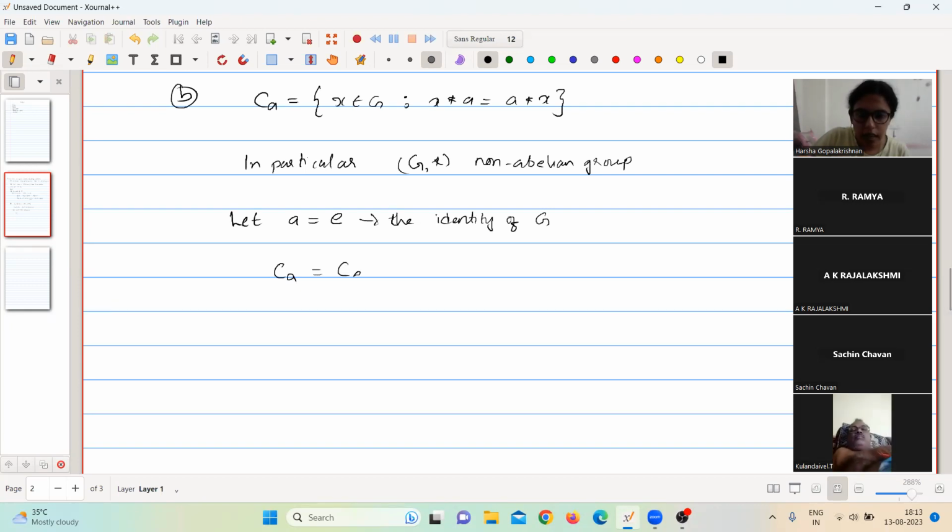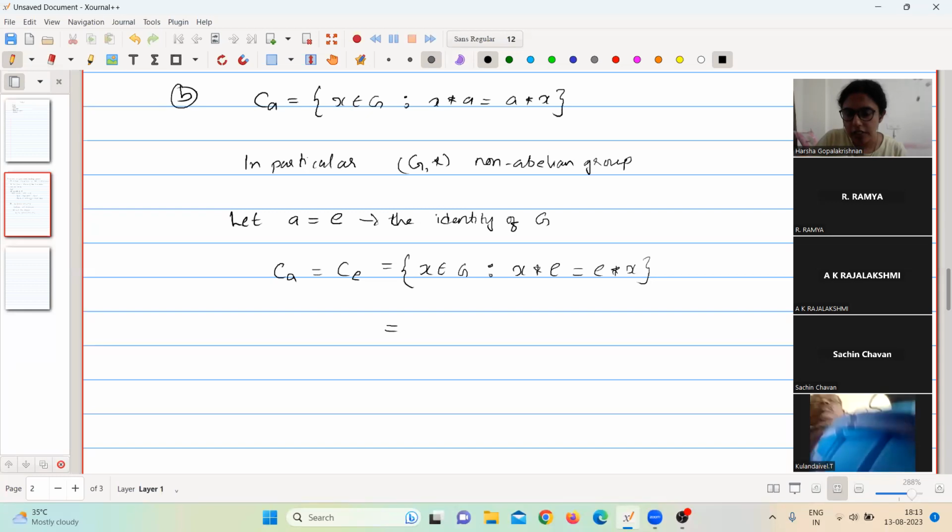CA means CE. By definition, what is this? The set of all x in G such that x star E is equal to E star x. So, what is the set? The set of all x in G which satisfies this condition. Can anyone say what is this set?